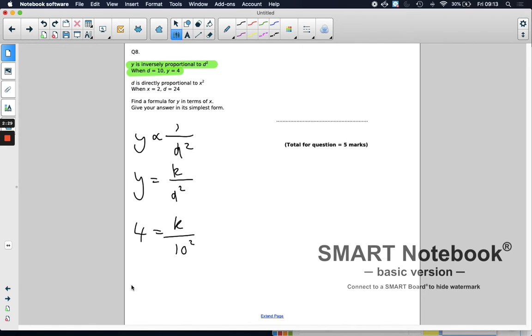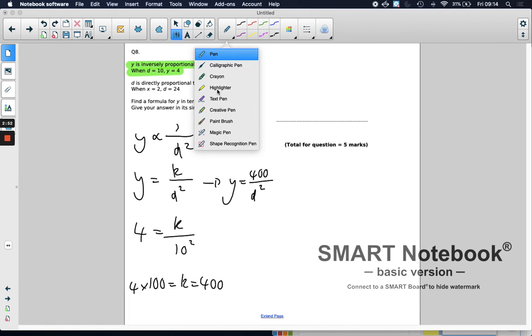This is 100, so it's 4 times 100 equals k, which equals 400. Okay, so I can chuck it back into here, and I've got y is 400 over d squared. Okay, that is 2 marks at least.